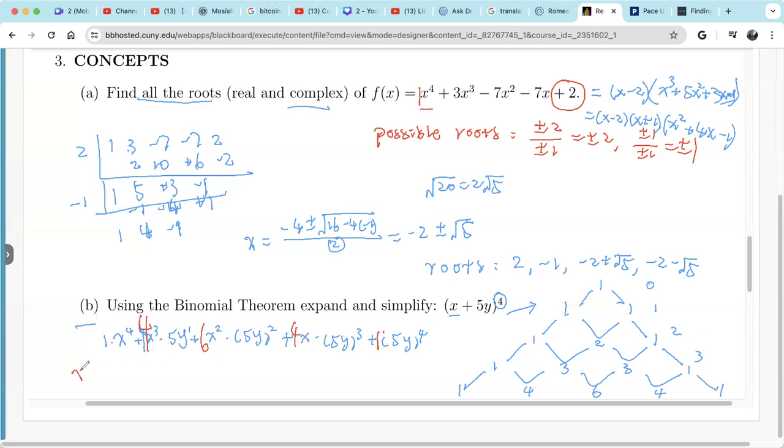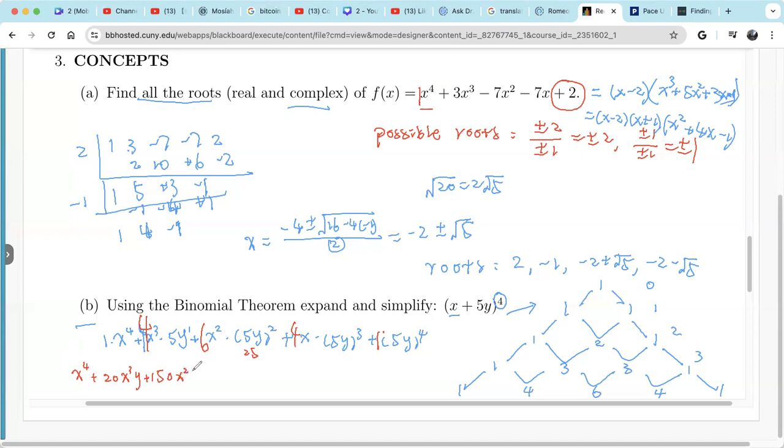Then we can clean this up. So we'll get x raised to 4 plus 4 times 5, 20, 20x raised to 3 y, plus 6 times, so this 5 squared is 25, 25 times 6, 150.